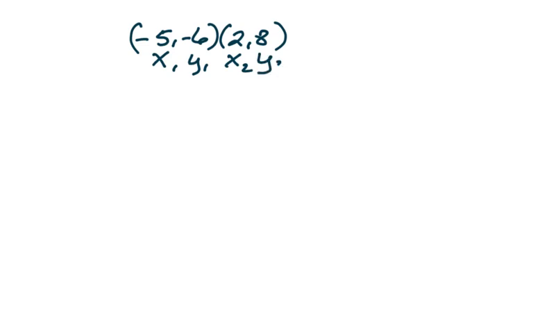On another question, here I'm giving you 2 points, -5, -6, and 2, 8. And this is x1, y1, x2, y2. The first thing we have to do is find the slope.